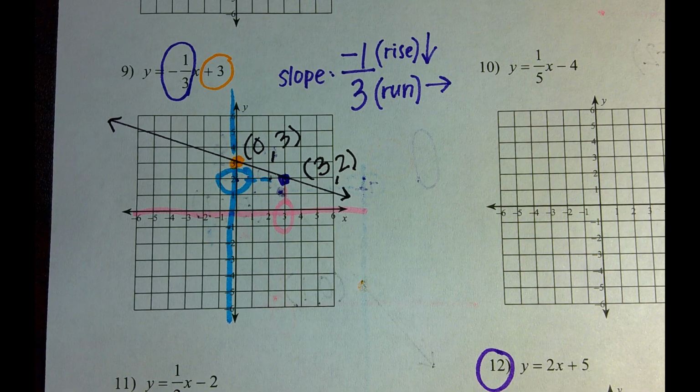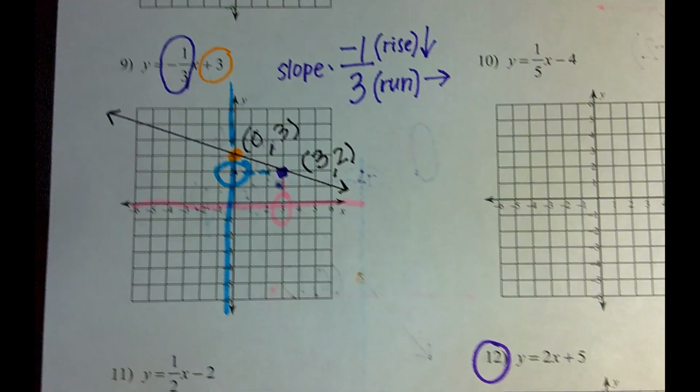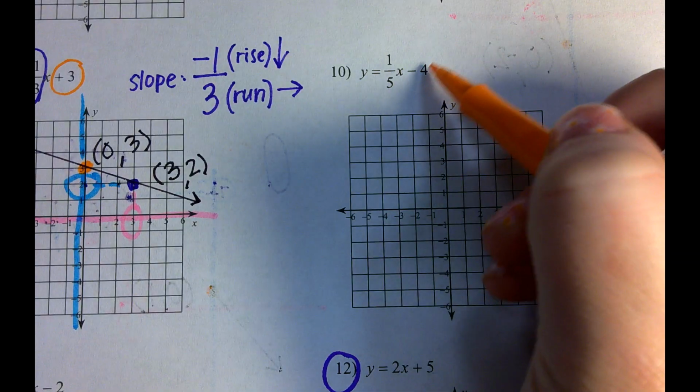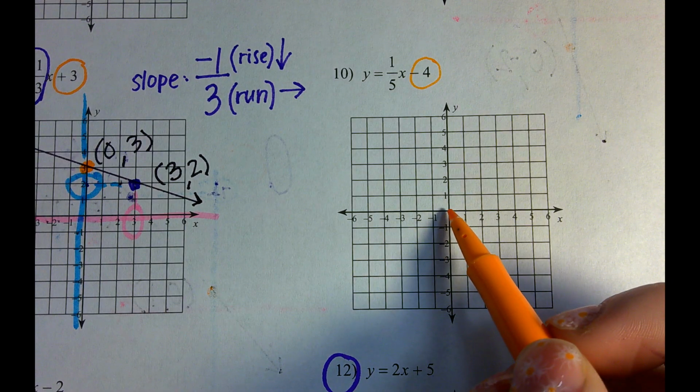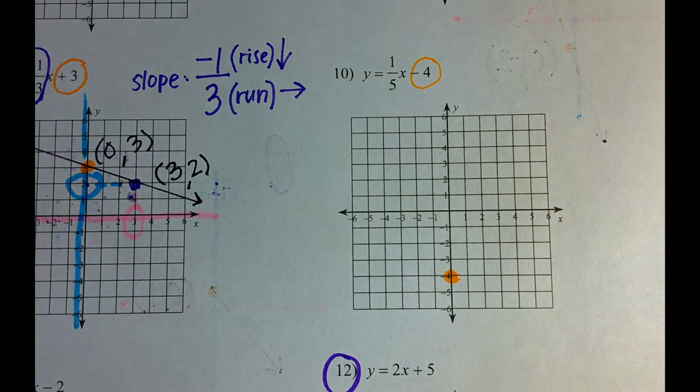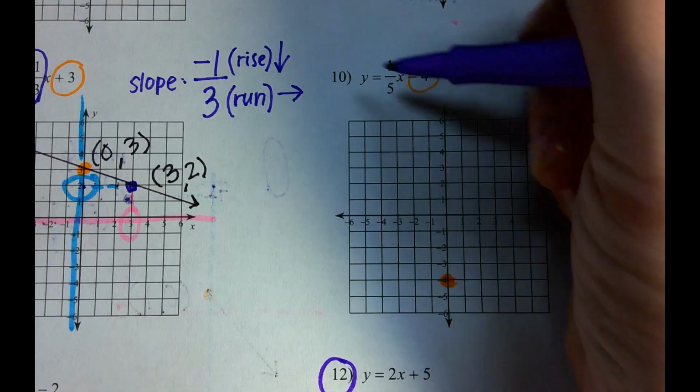Okay, so let's look at number 10 now. What should we do first? Perfect. We're going to go down to -4 on the y-axis. And what's our slope? 1/5.